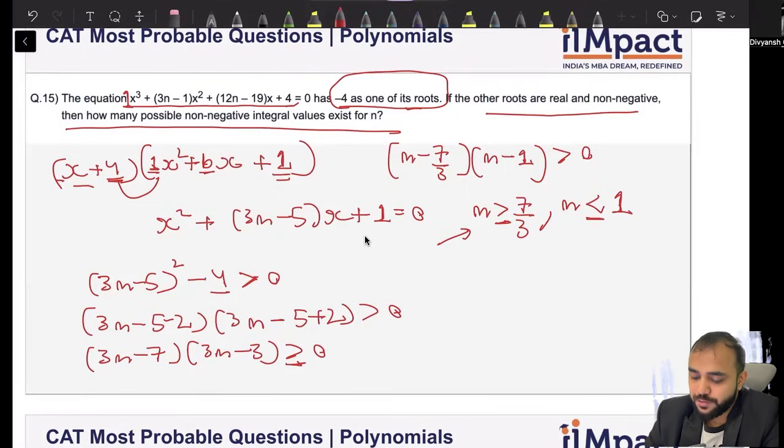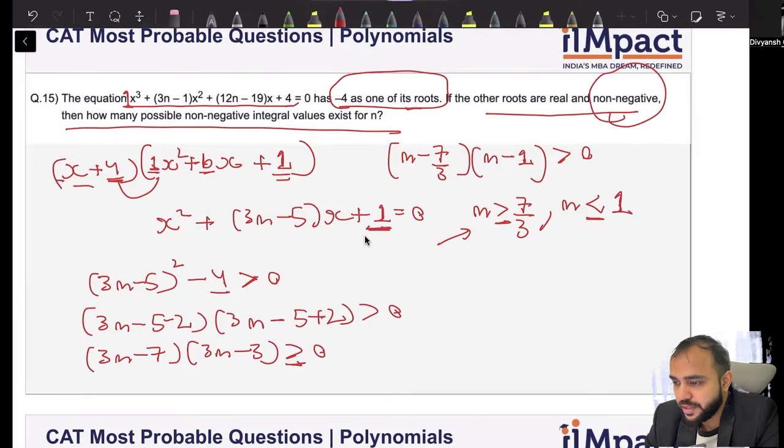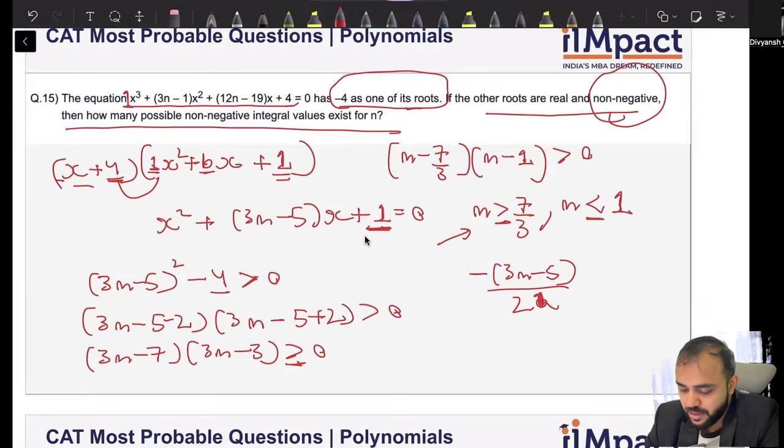Now I will have to check for the second constraint, that the roots have to be non-negative, which means because the product of the roots is already coming out to be positive, the only thing I need to ensure is that minus b by 2a, and a is equal to 1. Basically, if I quickly draw a makeshift graph, I want this point to be on the positive side.